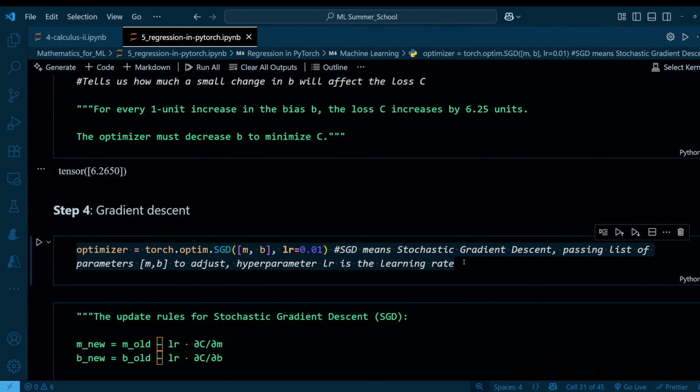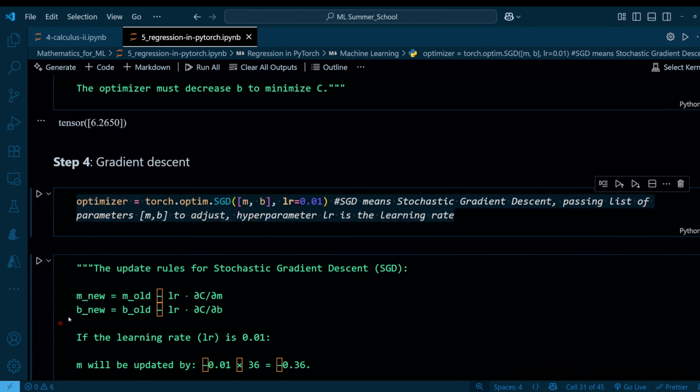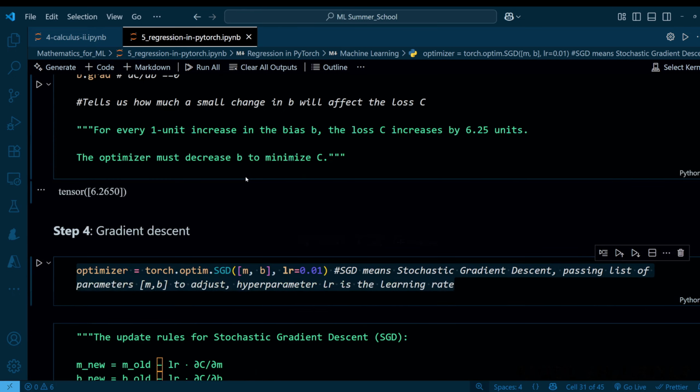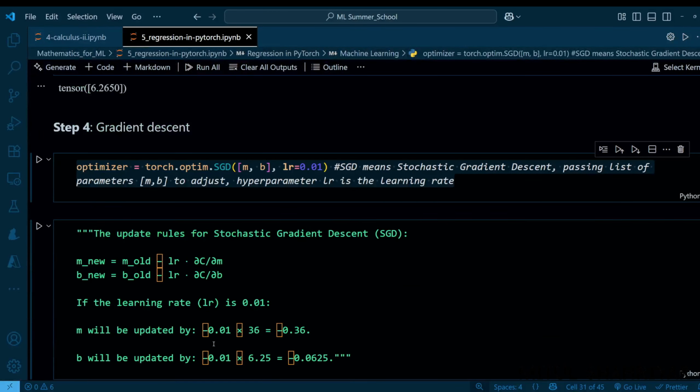Now is an interesting point of gradient descent, which is done through SGD, stochastic gradient descent. So how do we modify the value of m? We modify the value of m to a new value, so that we can try again. We had some random values: m had a value of 0.9 and b had a value of 0.1.